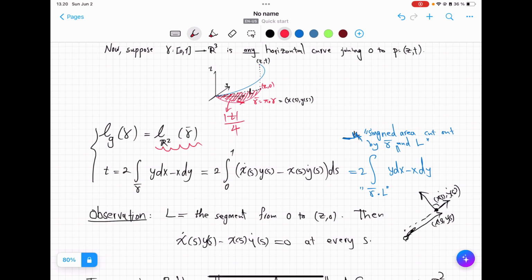So if you go along a circular arc and connect to z and 0, and then join it to the origin, you will get T over 4, and this will be the shortest in terms of the length of gamma bar.